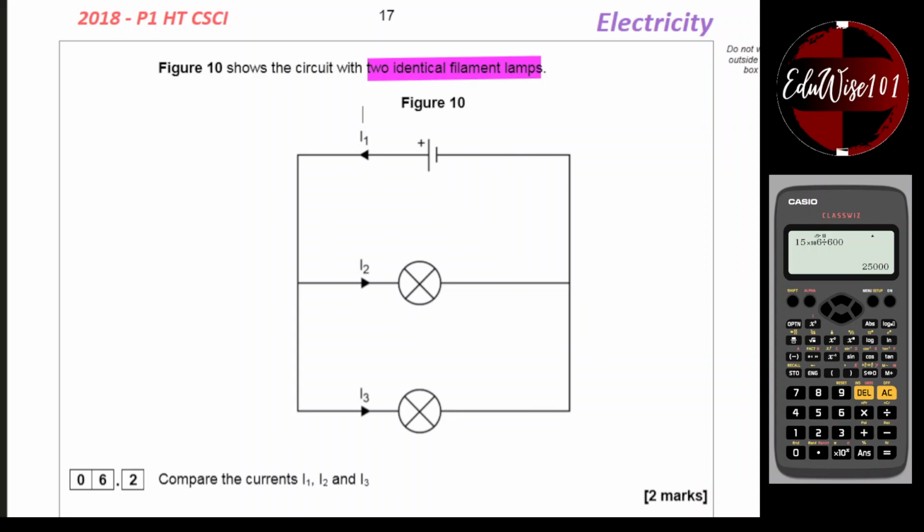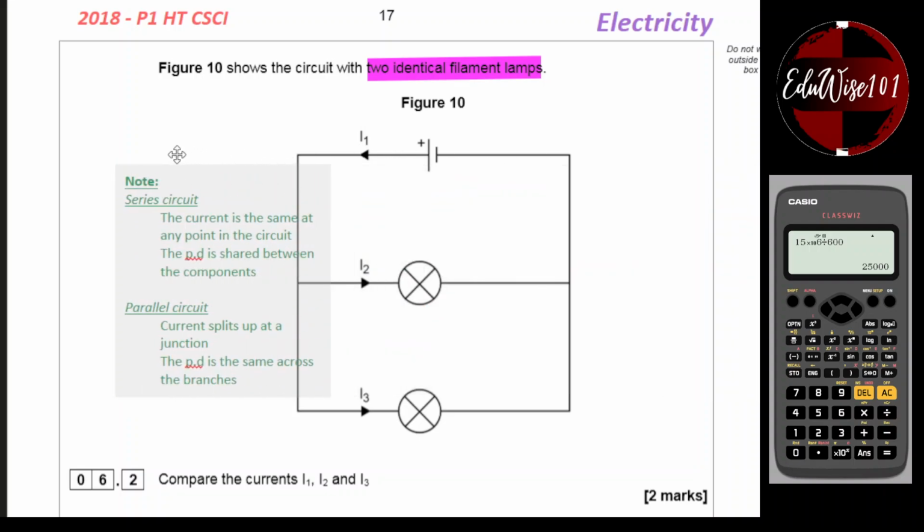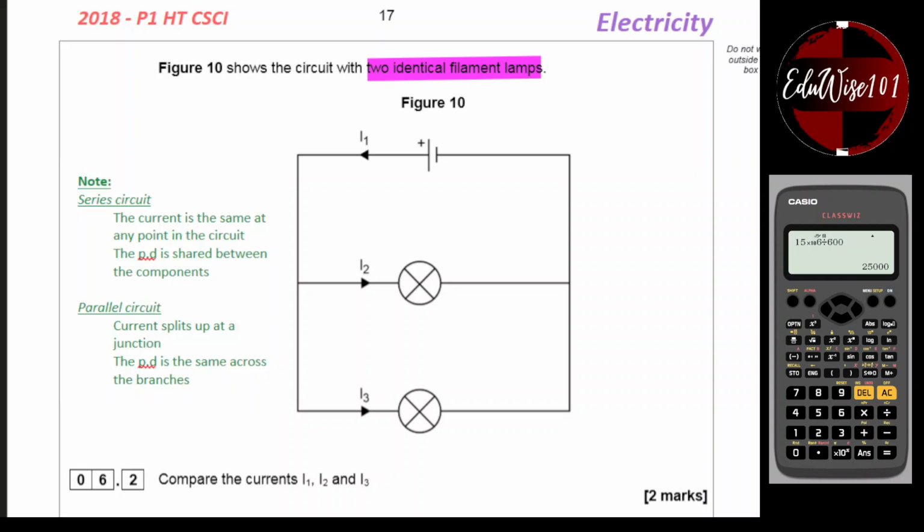So the key points that you need to remember when it comes to series and parallel circuits: what happens to the current and the potential difference in a series circuit, and then for a parallel circuit, the same thing. So it's worthwhile making a note here. In a series circuit, the current is the same at any point in the circuit.